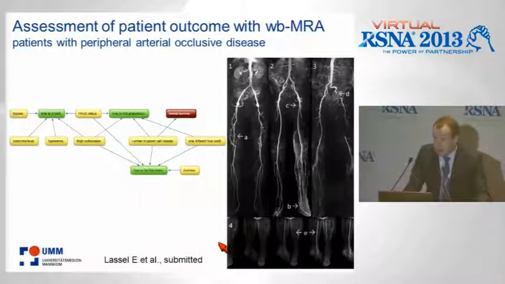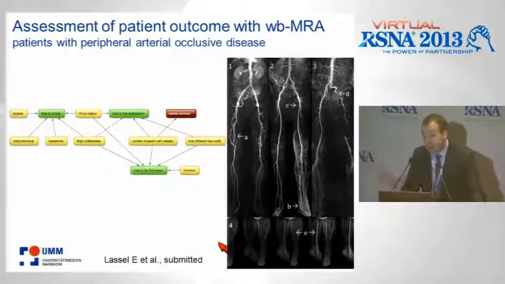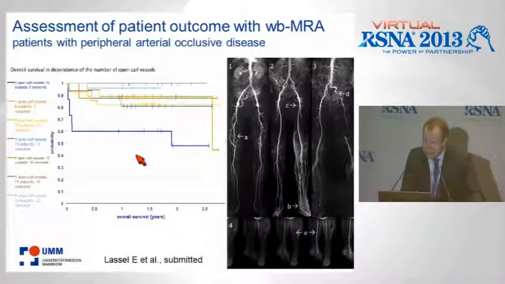We did something similar, but these were not asymptomatic, but symptomatic patients, where we looked at different factors influencing survival in patients with peripheral arterial occlusive disease. And the interesting thing was, in a probabilistic model, that the most important factor separating different groups of survival was the number of patent vessels as seen on whole-body MRA.